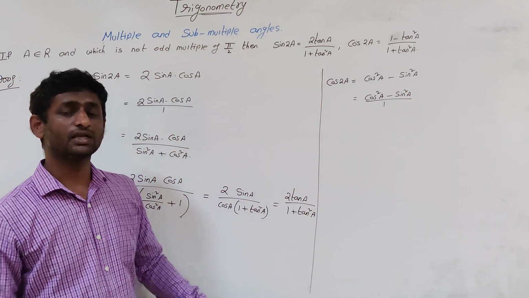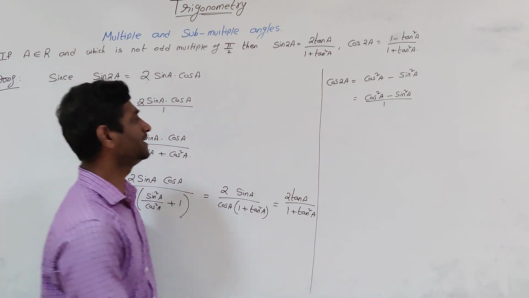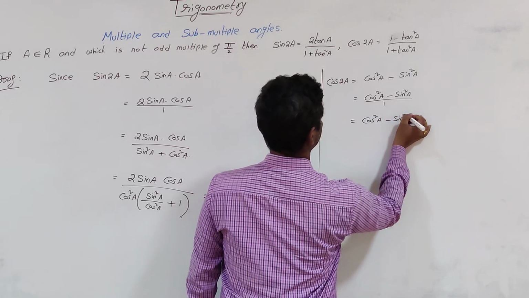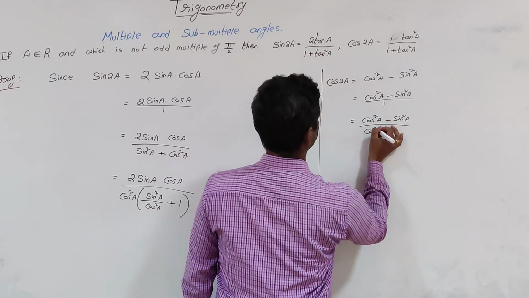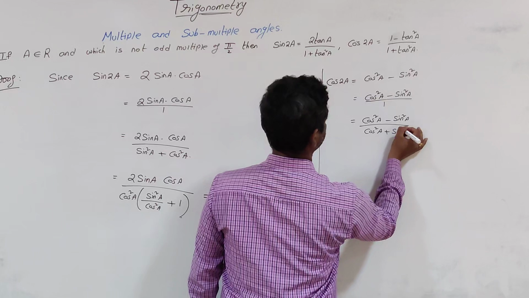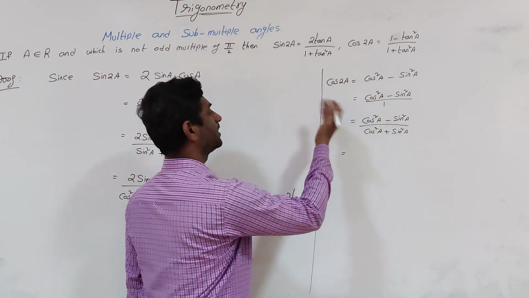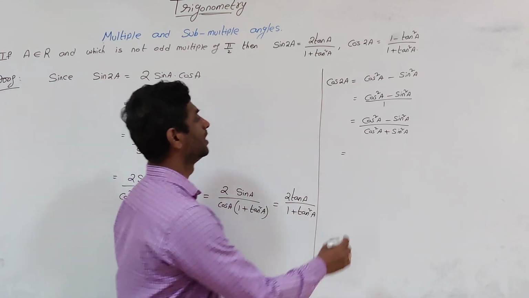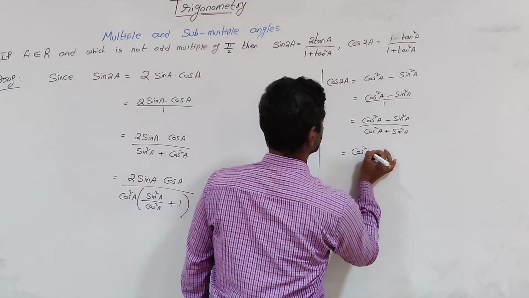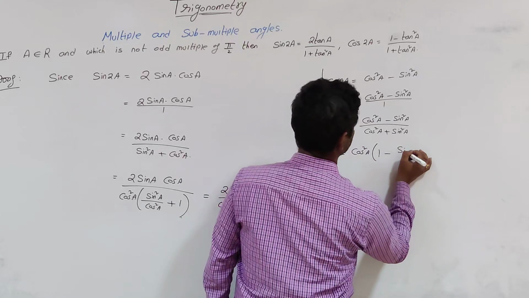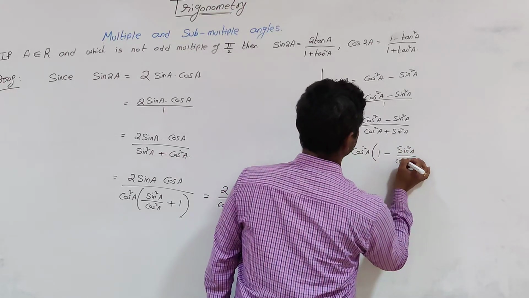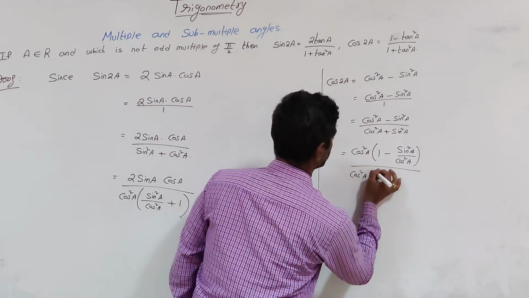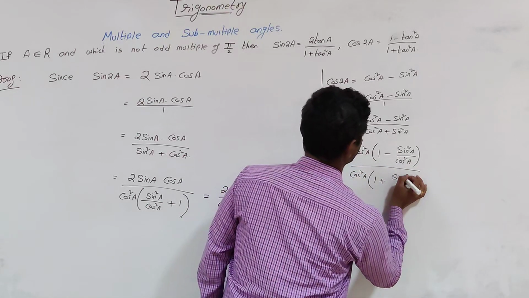And 1 in terms of sin and cos, we have an identity: cos square A minus sin square A by cos square A plus sin square A. If we take cos square A out in both the terms, in the numerator as well as the denominator, what we can write is cos square A times 1 minus sin square A by cos square A, by cos square A times 1 plus sin square A by cos square A.